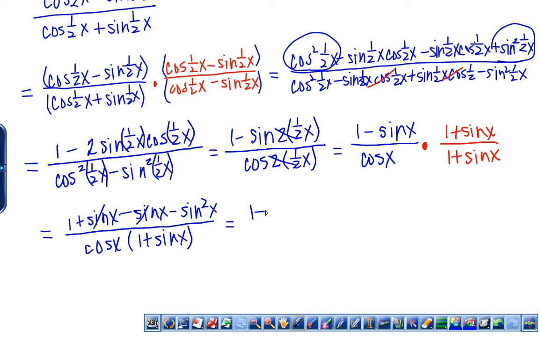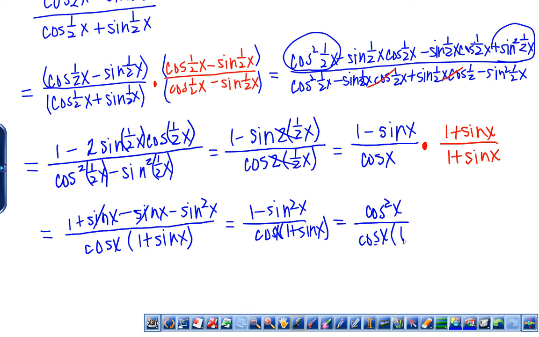Okay, on the top, 1 minus sine squared x over cosine x times 1 plus sine x. Let's change that to cosine squared x over cosine x times 1 plus sine x.